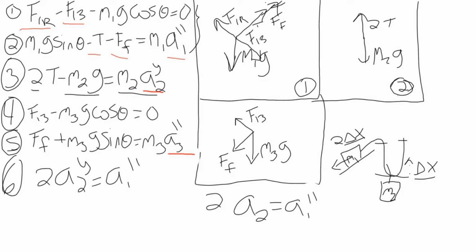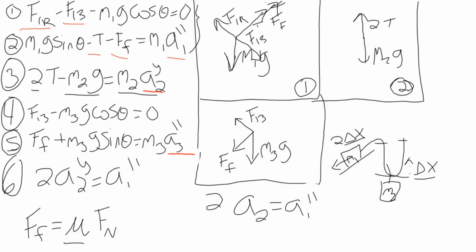What we need to solve for is the coefficient of friction between masses 1 and 3. Now, the force of friction in general between two objects is given by taking some coefficient, some measure of how rough the surface is, some unitless quantity, times the normal force between two objects.